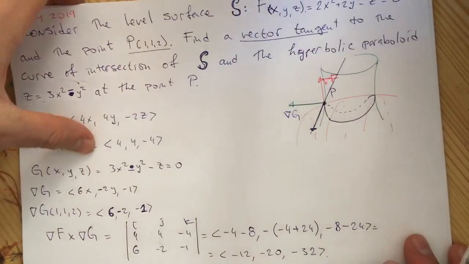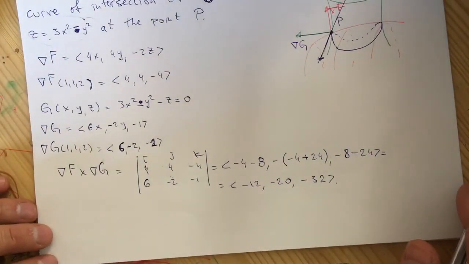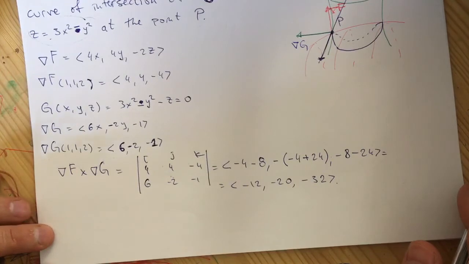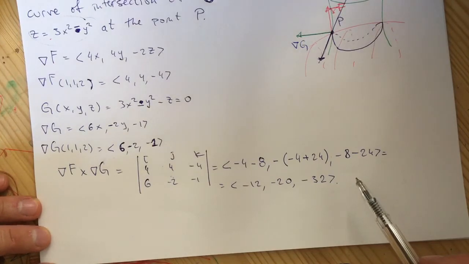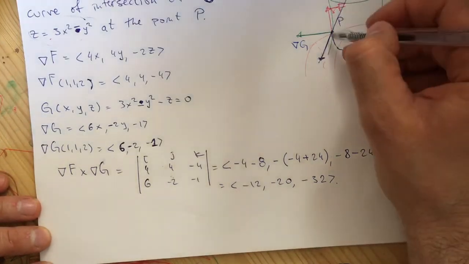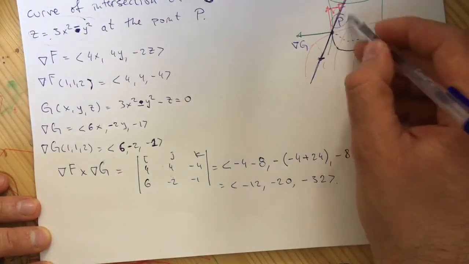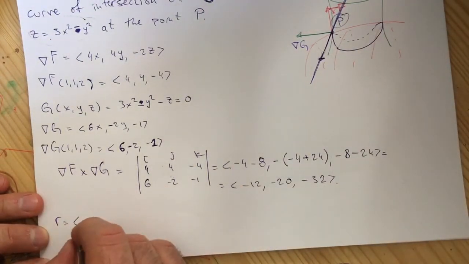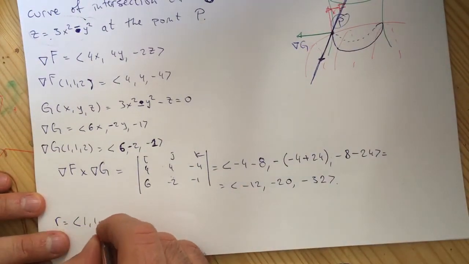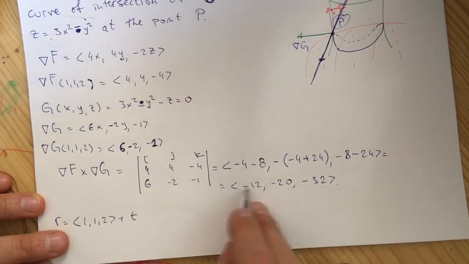Now, of course, if the question was find the equation of the tangent line, what do I need? I need the point P, and I need the direction. I already have the direction, so then r is going to be equal to the point P (1, 1, 2), plus t times r prime, and r prime is in this direction.